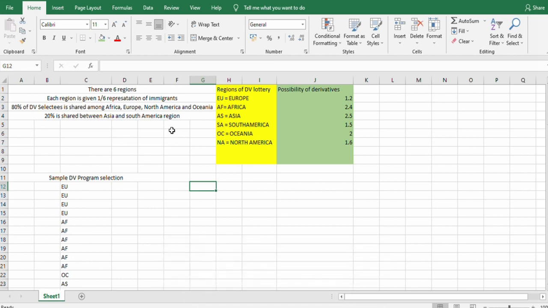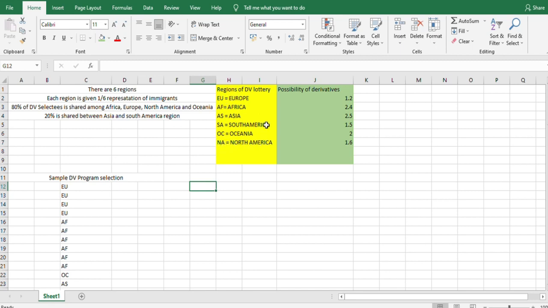So let's go directly to the topic. In the DV lottery program, there are 6 regions from which the selectees come. These regions are EU for Europe, AF for Africa, AS for Asia, SA for South America, OC for Oceania, and NA for North America.